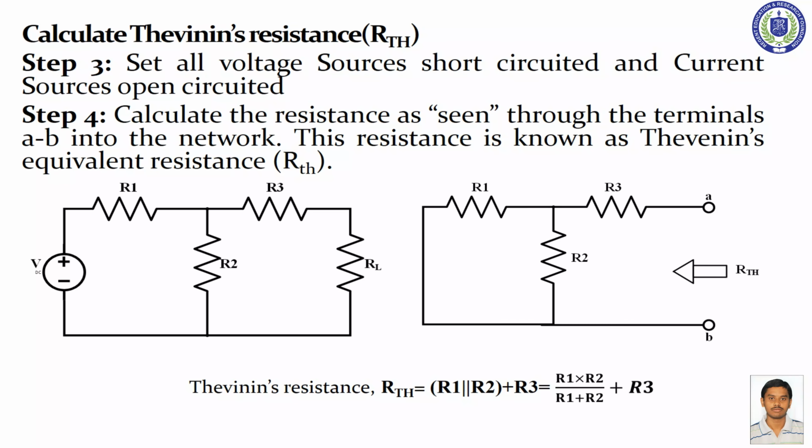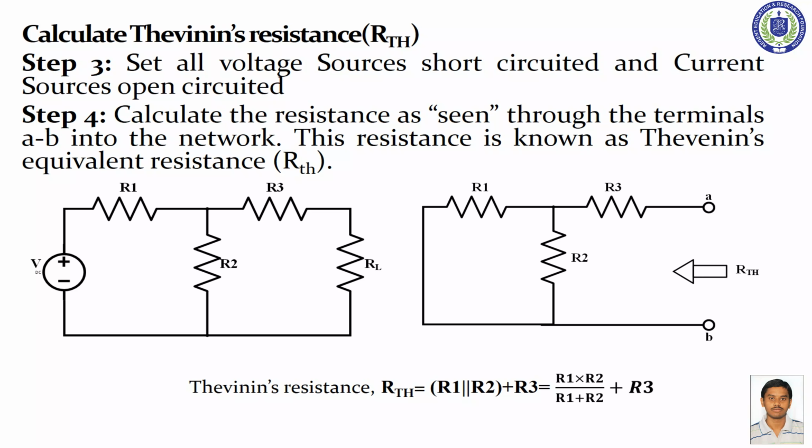And if a current source is present, it is open circuited, or replaced by its internal resistance. In this circuit, a voltage source is present, so the voltage source is short circuited.